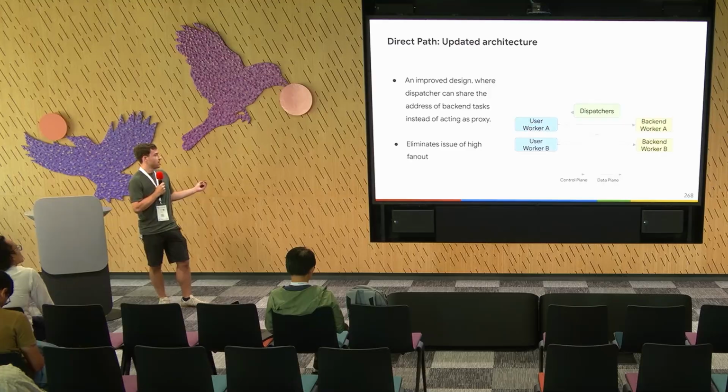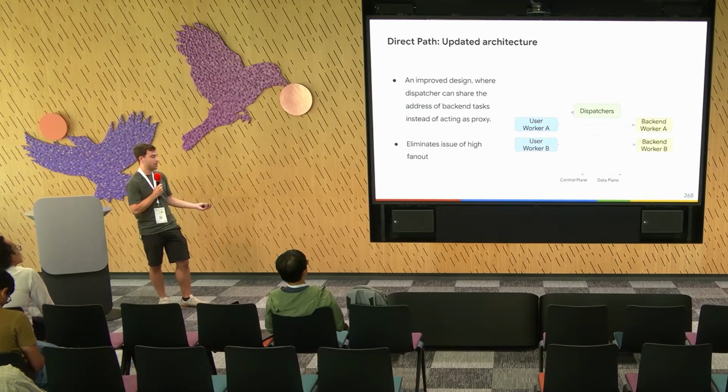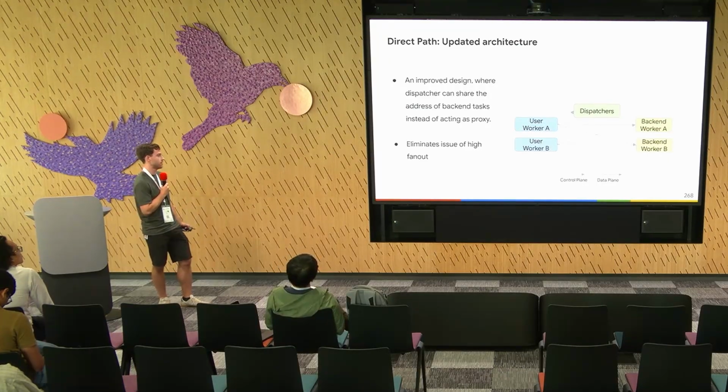So yeah, there's one less hop in sending data to the backend, and the dispatcher was also kind of a shared component across jobs. So if it was suddenly overwhelmed by another customer job, it could affect, like from customer A's job, it could affect customer B's job. So this helps eliminate some of those issues too.